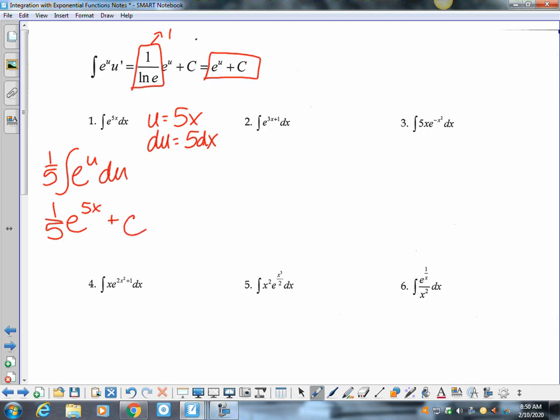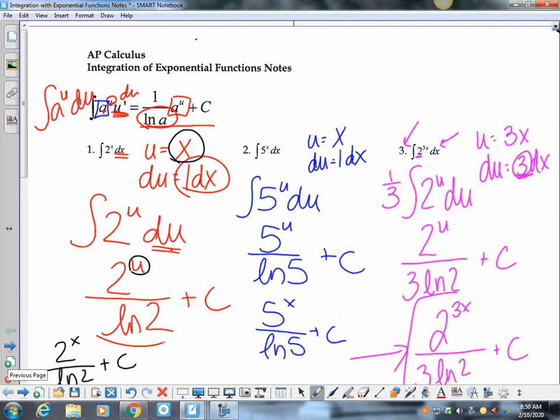Is that every time? Every E. Now, what you have to be careful about is when you get used to E's and you go back to something that's not an E, remembering that part. It's a lot like when you take the derivative. It's the opposite.